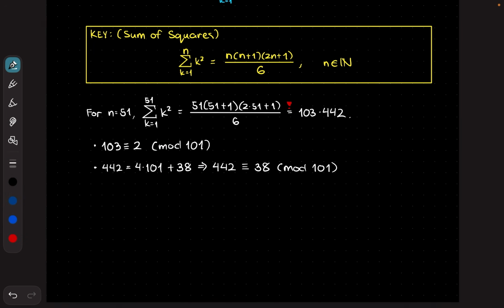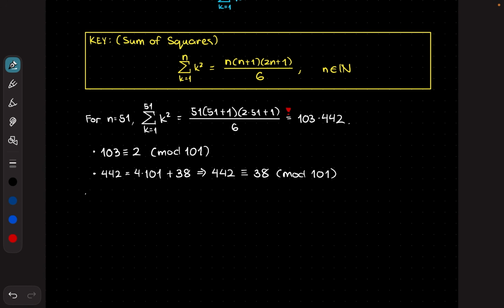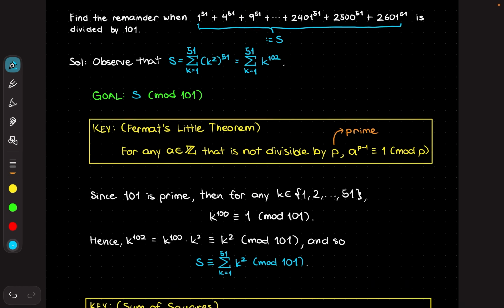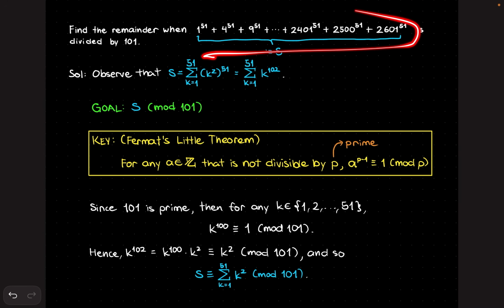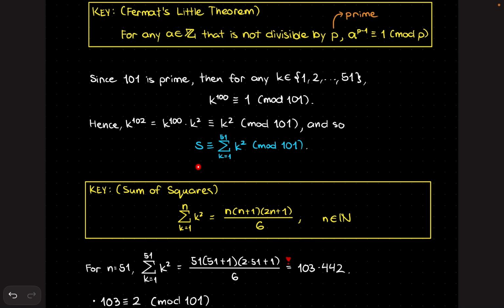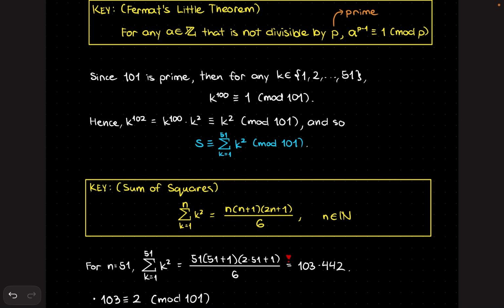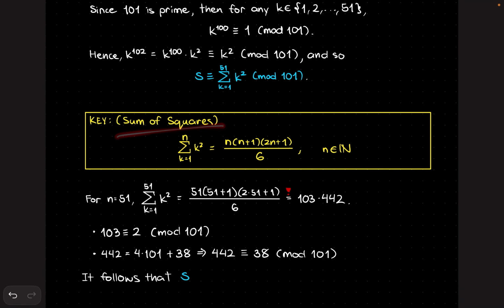Then from here, take note that by property of modular arithmetic, going back, s is this, which we simplified to this thing, then by modular arithmetic simplified to this thing, and then by using the sum of squares simplifies to this thing.